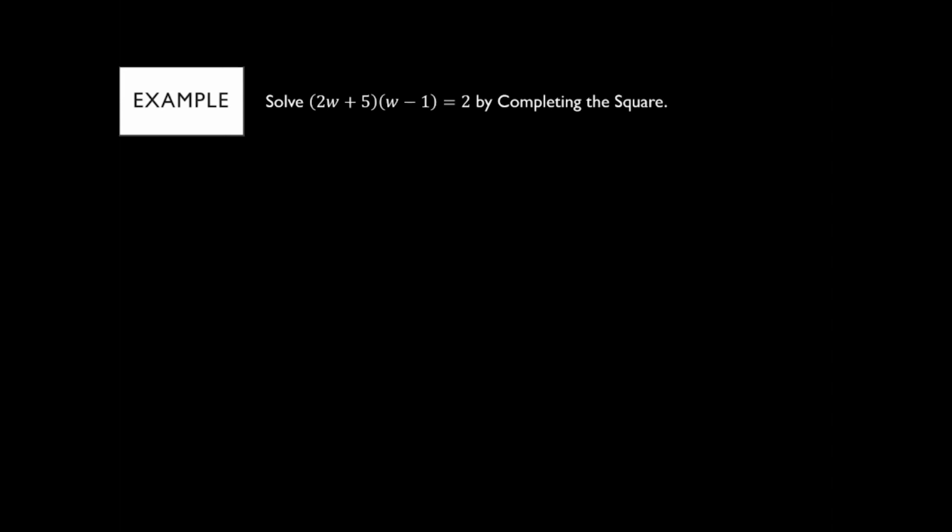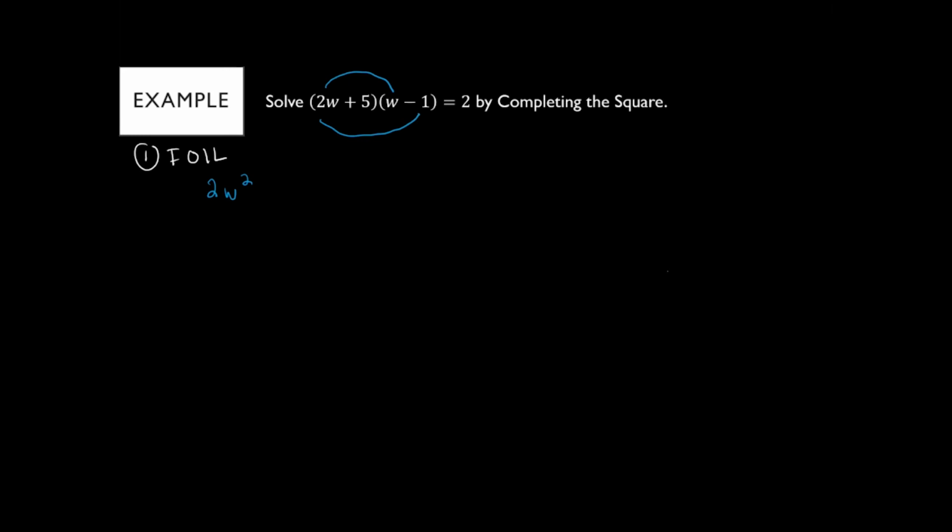We basically always have to start with some variation of standard form where you have ax squared plus bx plus c. So first thing we need to do is FOIL. That's going to be the 2w times w, which gives us 2w squared.